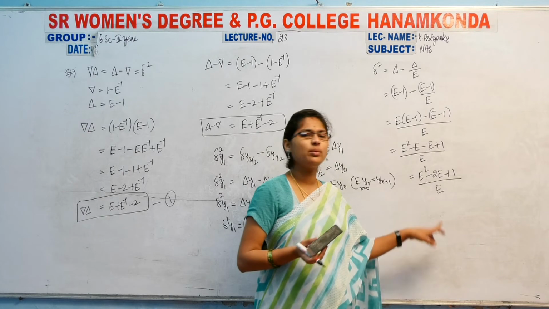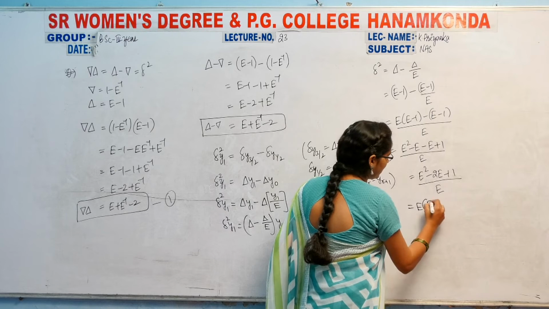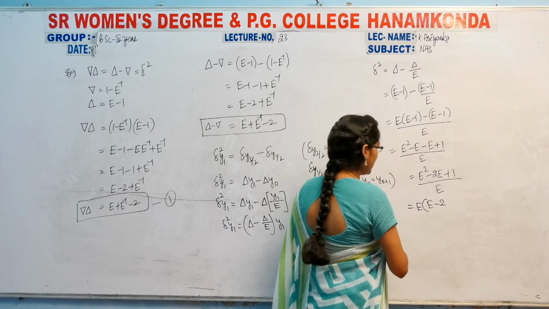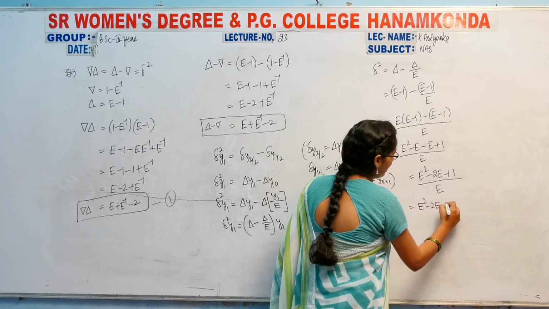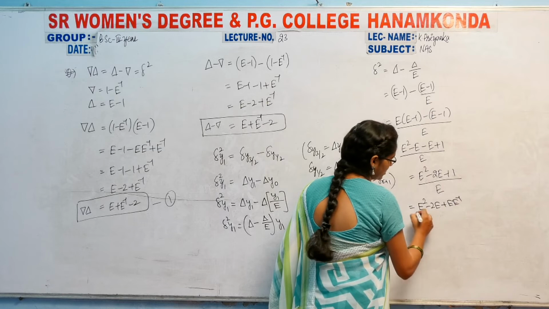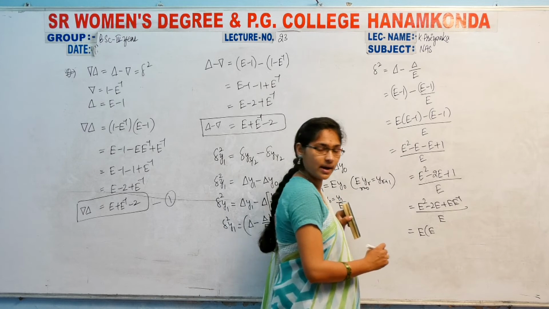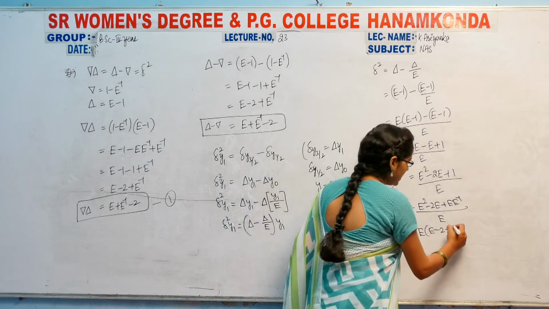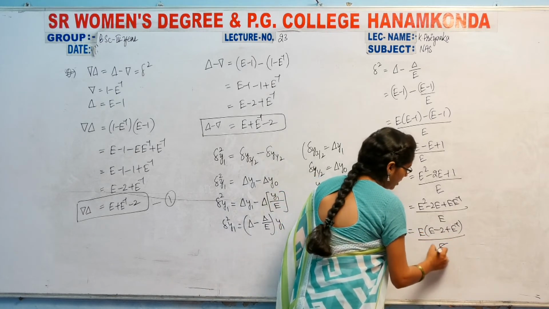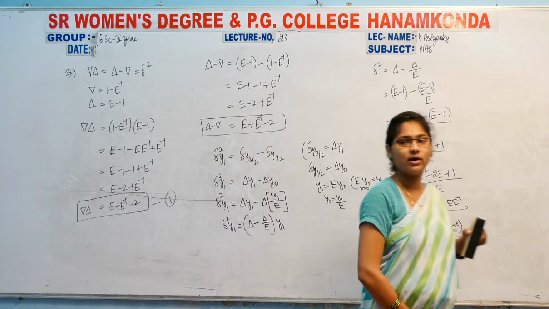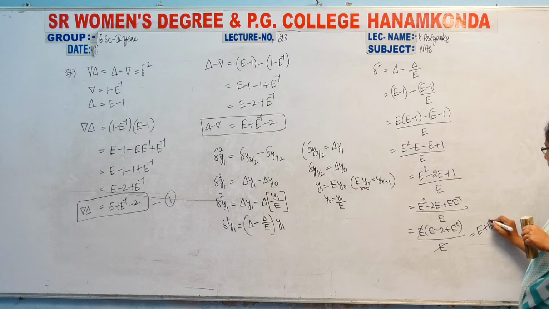Now actually in the denominator I have e, so I am taking that e common from the numerator. Then what we get, e minus 2, and here e square minus 2e plus, I am writing it as e into e inverse by e. I am taking e common from the numerator, then e by e minus 2 plus e inverse, because here I took e outside now, so that's why we will get like this. Now e gets cancelled. Finally here what I have is that the result is e plus e inverse minus 2.